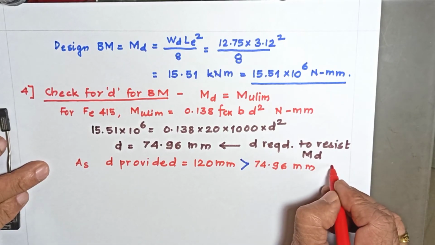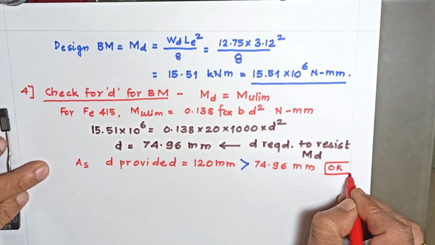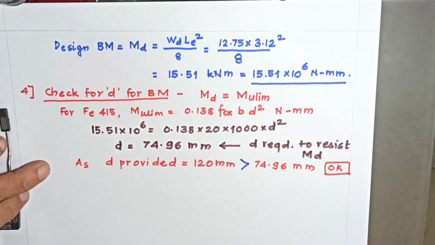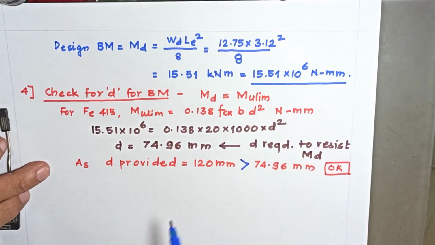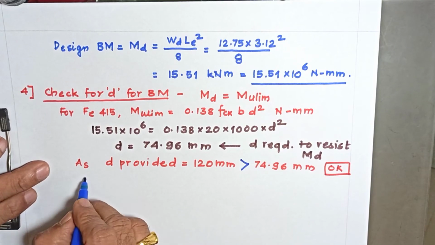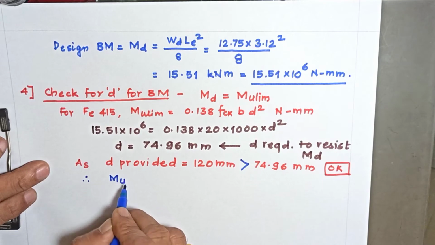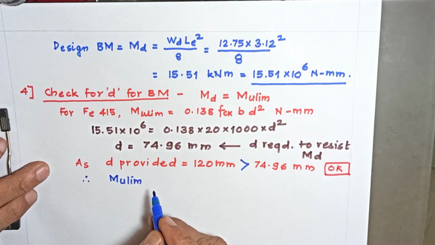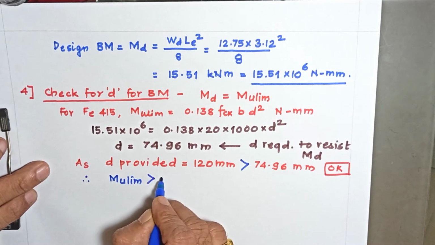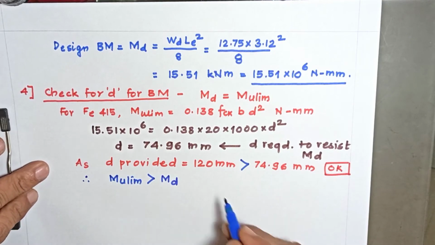This is okay, means it is safe. Not only okay, if you calculate the value of mu lim taking value of D as 120 mm, you will find that mu lim is greater than MD, or you can say that MD is less than mu lim.